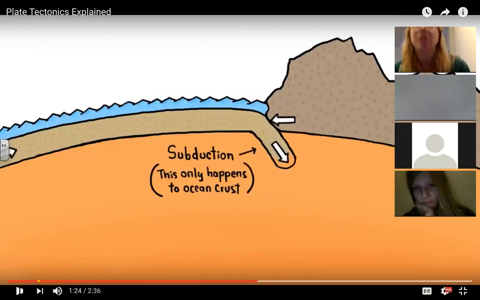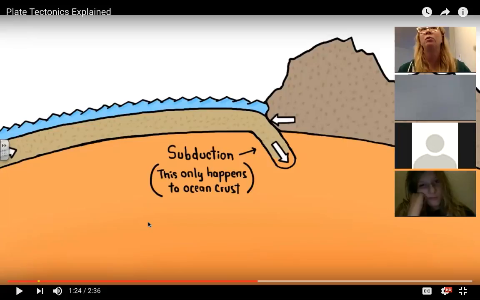So what you're talking about here is that this was another reason that scientists kind of didn't believe this, right? Because they were like, all right, if the plates are moving on the mantle, let's say we agree, how come this plate is moving faster than the mantle? They were like, that doesn't make sense. What's going on? And then some scientists went off on a crazy thing, probably said something about aliens or something, right?